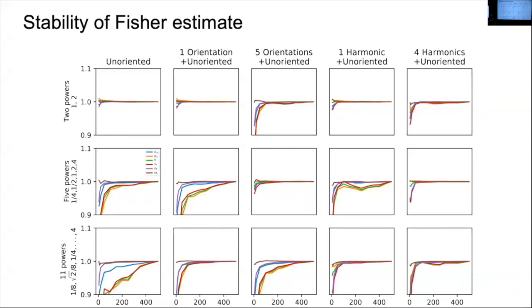Then, if I add oriented features or harmonic features, the constraints have better things to work with.